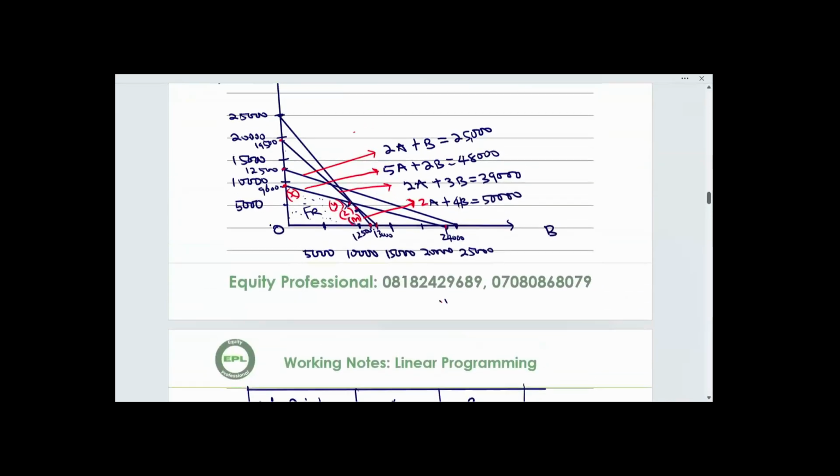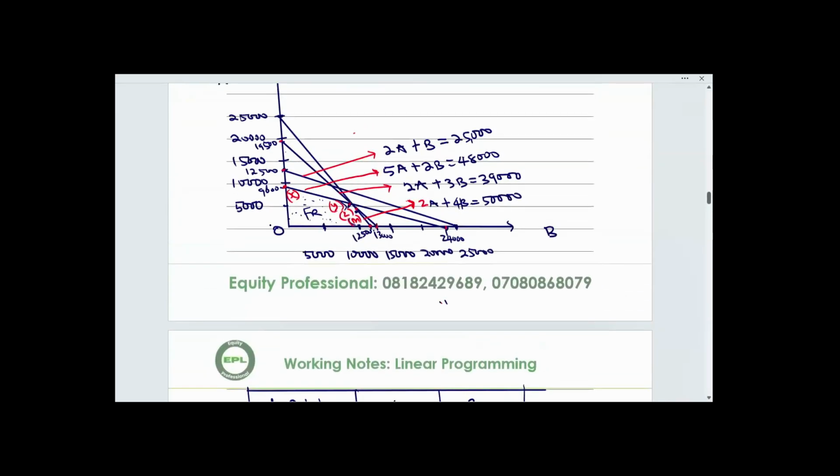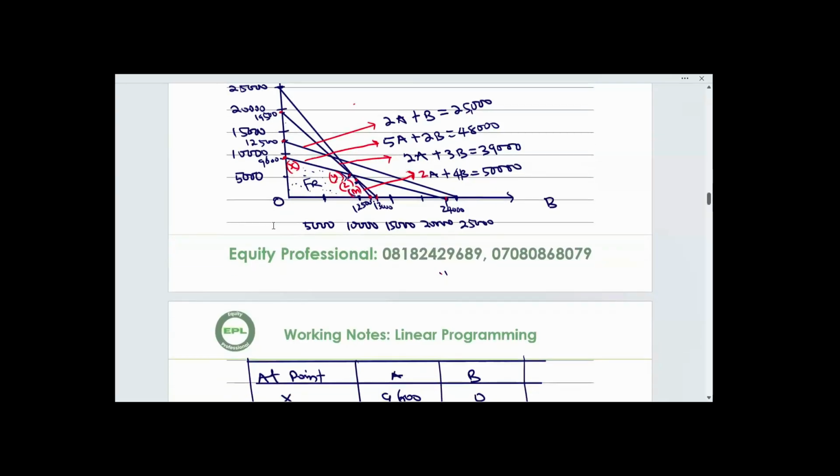Then at points Y and Z, you cannot get the value of A and B if you are not using a graph sheet. Because if you trace it to the left, you can't have the right answer. If you trace it downwardly, you cannot have the correct answer, except if you are using the graph sheet. Therefore, you are supposed to use simultaneous equation to get the value of A and B at points Y and Z. So we're coming back to that.